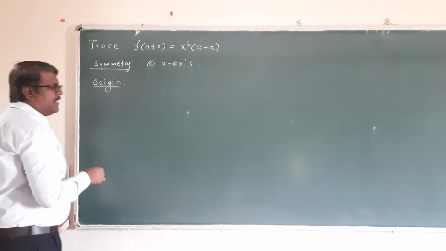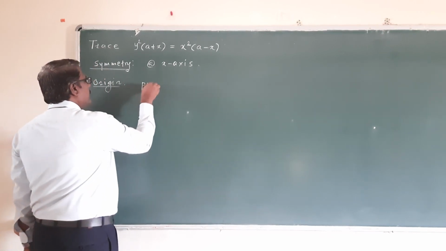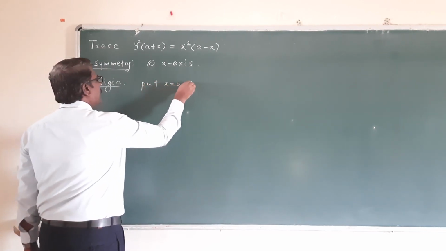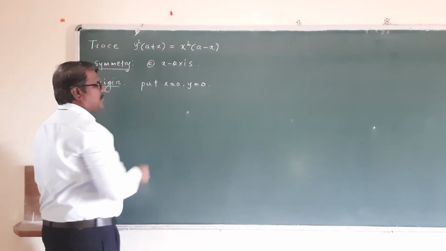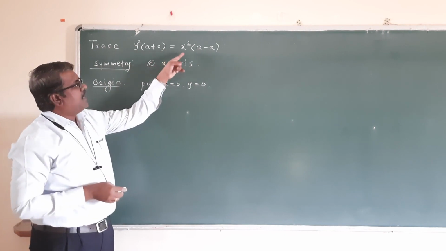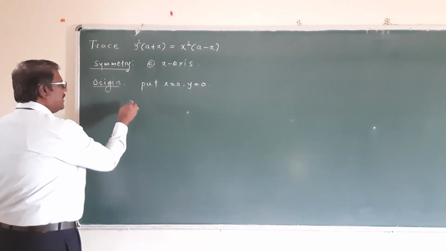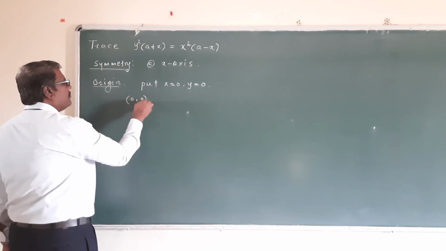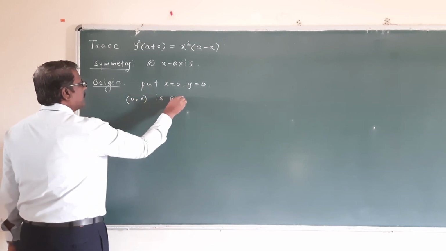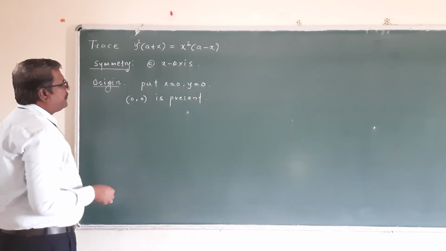Now to check whether the curve passes through origin, put x is equal to 0, y is equal to 0 in the given equation. When x is 0, y is 0, LHS is 0, RHS is 0, and therefore equation gets satisfied, and therefore the curve passes through origin. So origin is present on the curve.